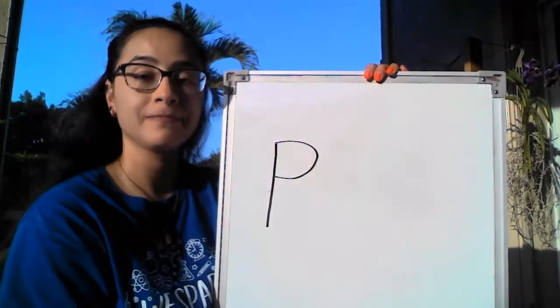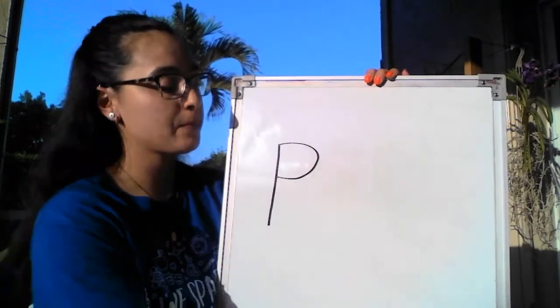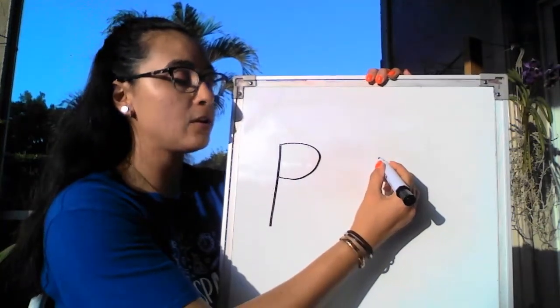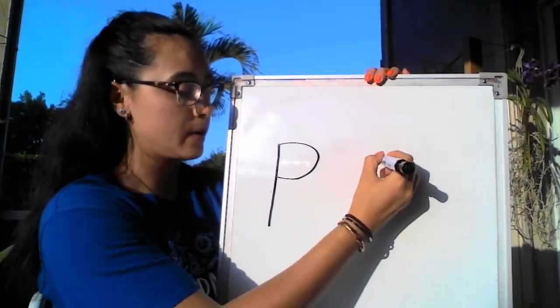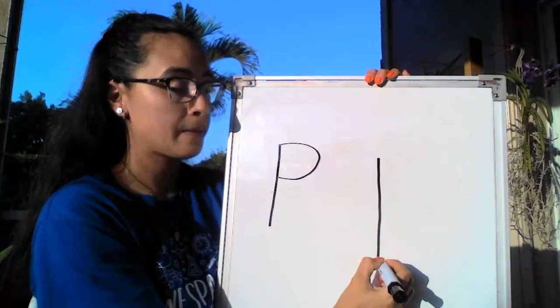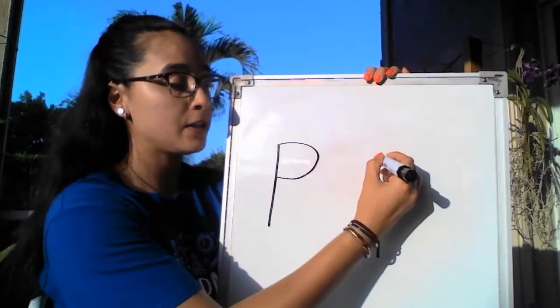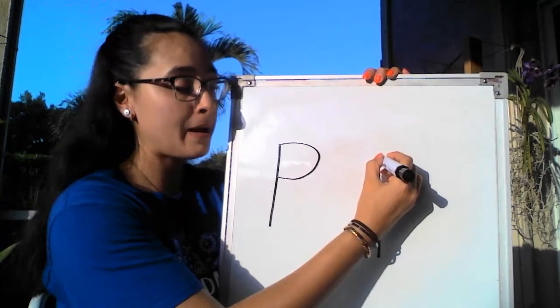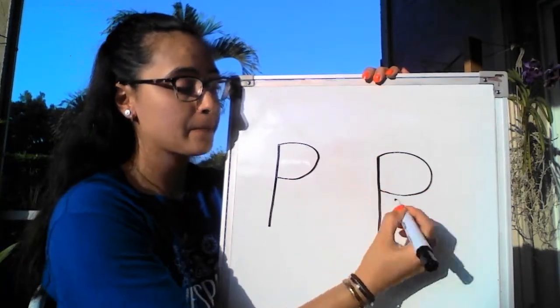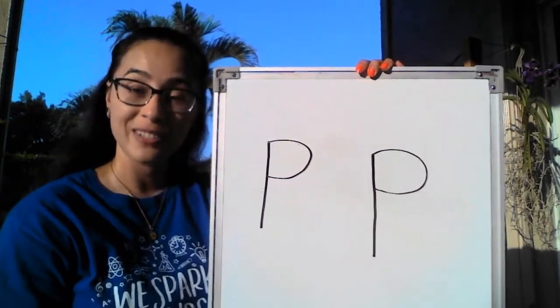Bump. Let's do it together again. Starting all the way in the middle, we're going to draw one line going down. Bring your marker up and to the top and do that one bump. Bump. Good job.